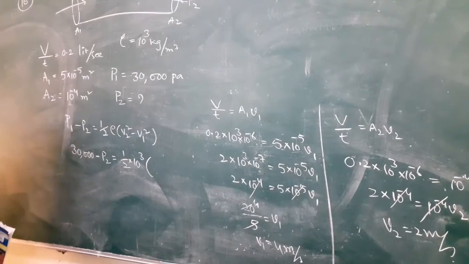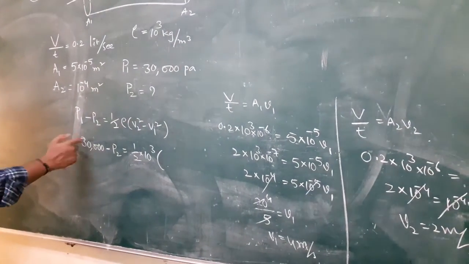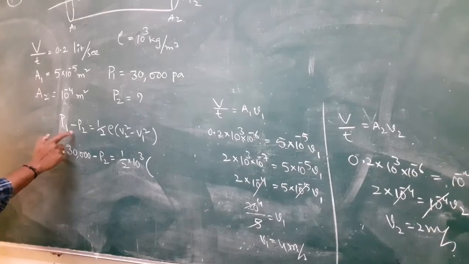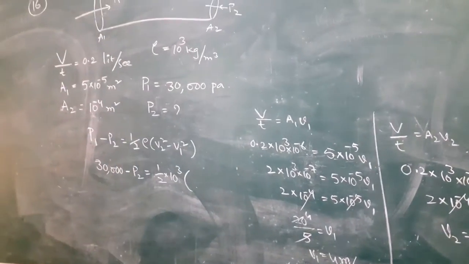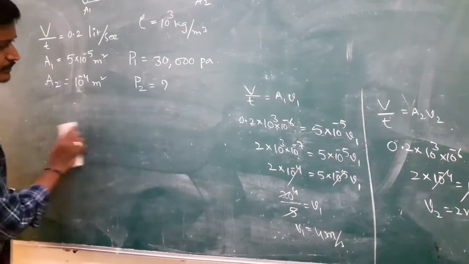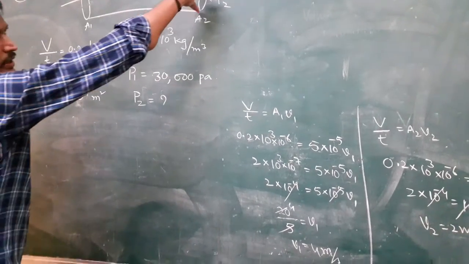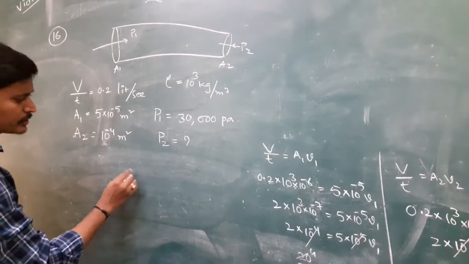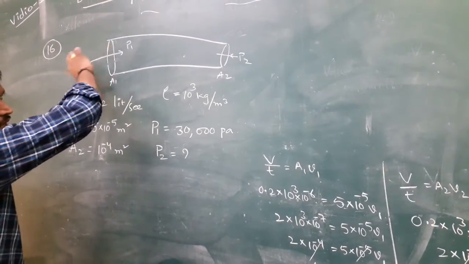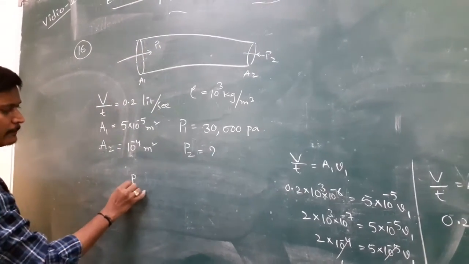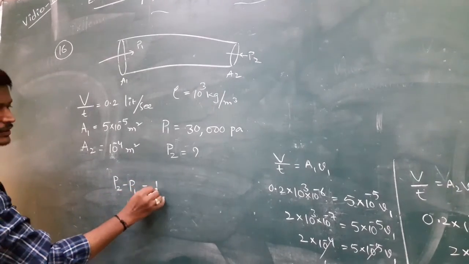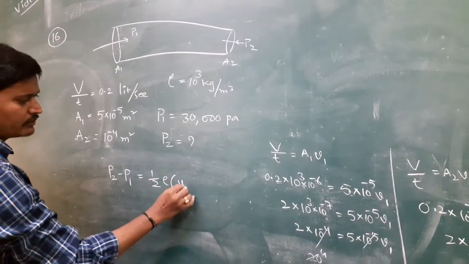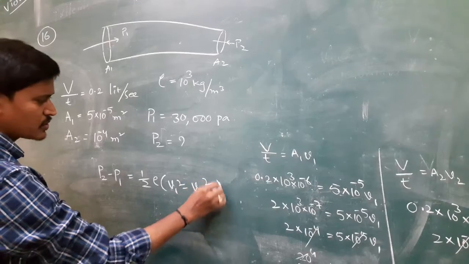Actually, you will get P1 minus P2, otherwise you can change that formula. Why? Because the area is less here, the velocity of the fluid is more at this point, and where the area is more, the velocity is less. So that's why P2 minus P1 is equal to half rho into V1 square minus V2 square.